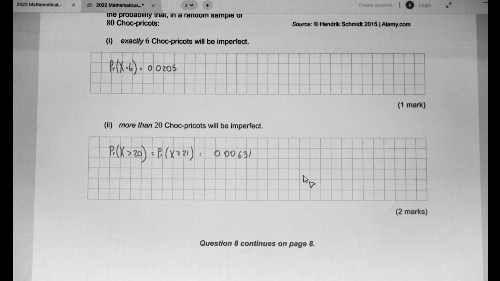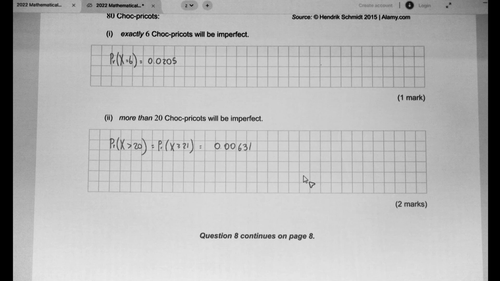More than 20 chocolate apricots. Writing that that's the same as probability x is greater than or equal to 21 is a good idea. That tended to help kids get the right answer, because obviously heaps of kids actually found the probability x is greater than or equal to 20. They added in that extra.